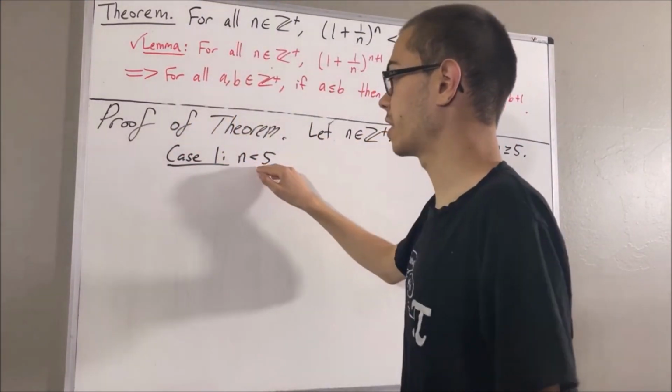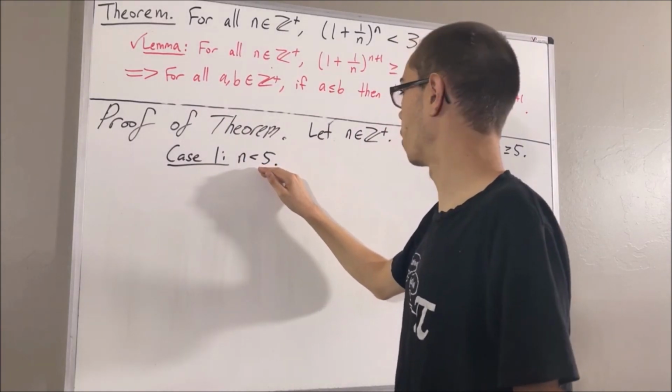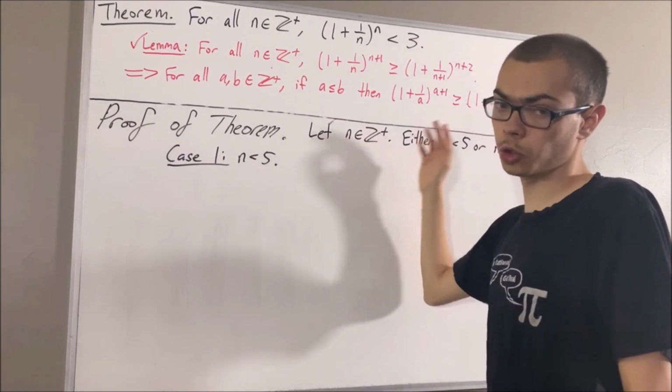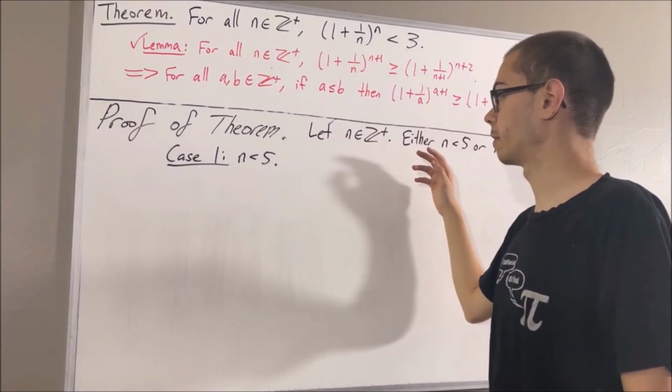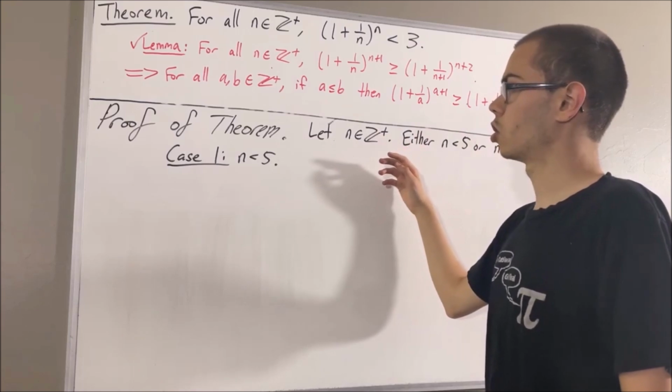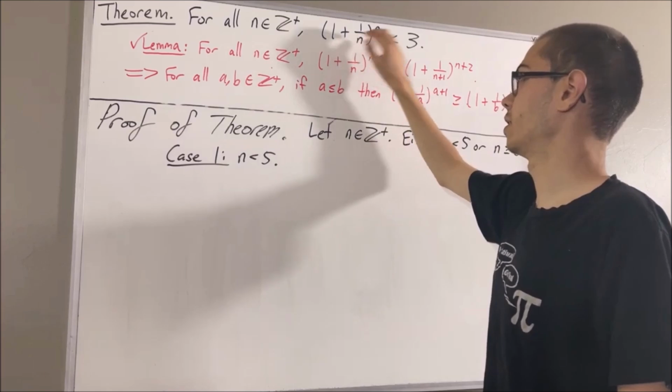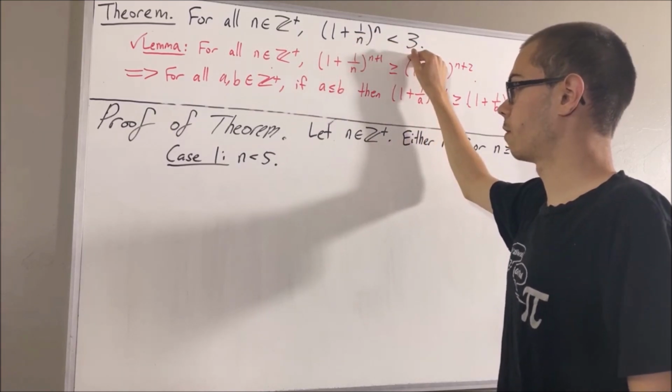Now, in the case where n is less than 5, we really have a total of 4 possibilities, right? Either n is equal to 1, 2, 3, or 4. And, well, turns out, no matter which of those 4 we have, we can show that this guy is less than 3. Right?